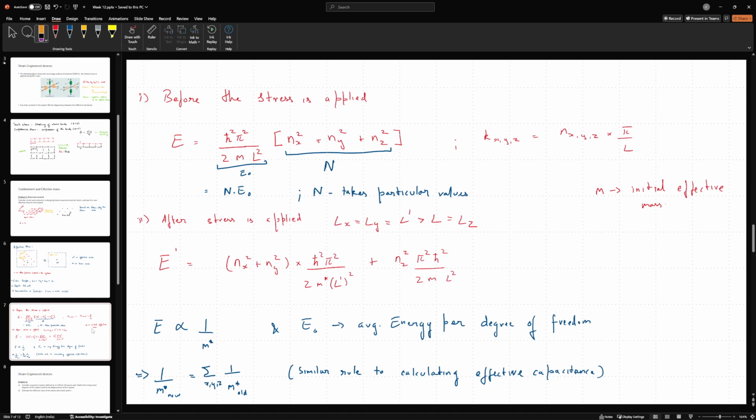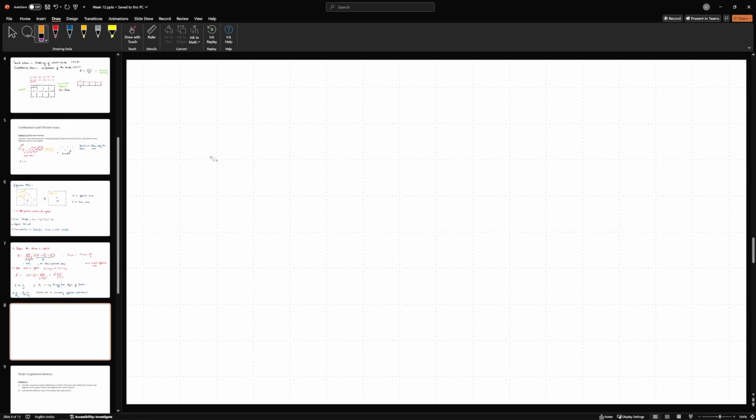Let me just say the new effective mass comes out to be, so let us say m star x equals m star y equals ml. Here the l stands for longitudinal. Longitudinal implies along the direction of stress.